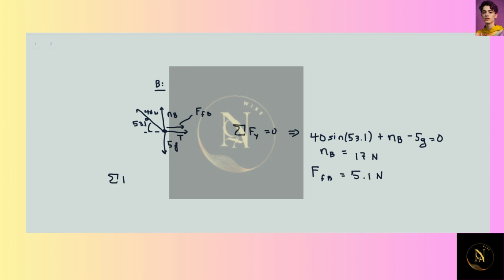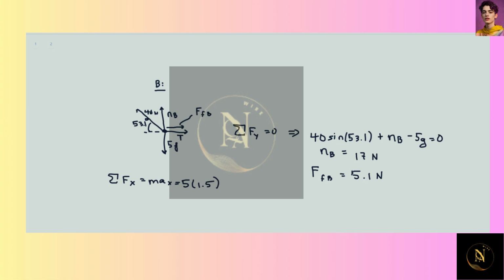Now, sum of the forces in the x direction is again not equal to 0. It's equal to mass times acceleration in the x. And we know the mass and we know the acceleration, so this is equal to 5 times 1.5.